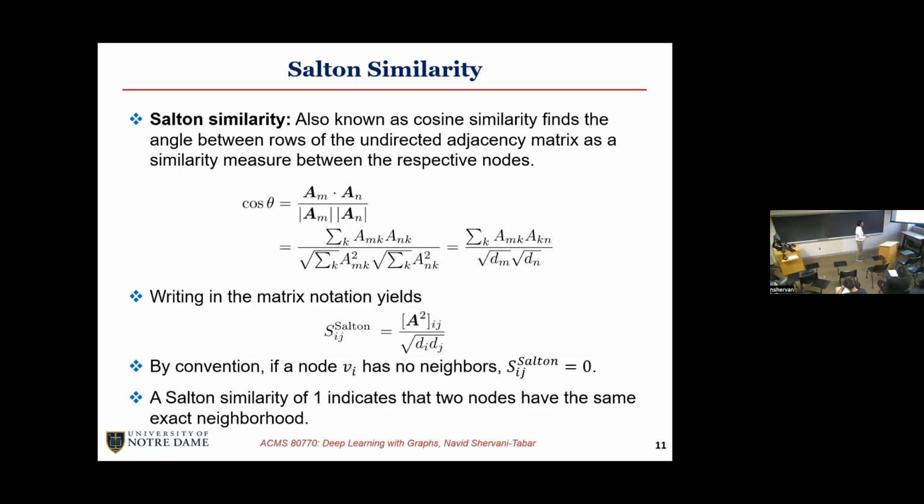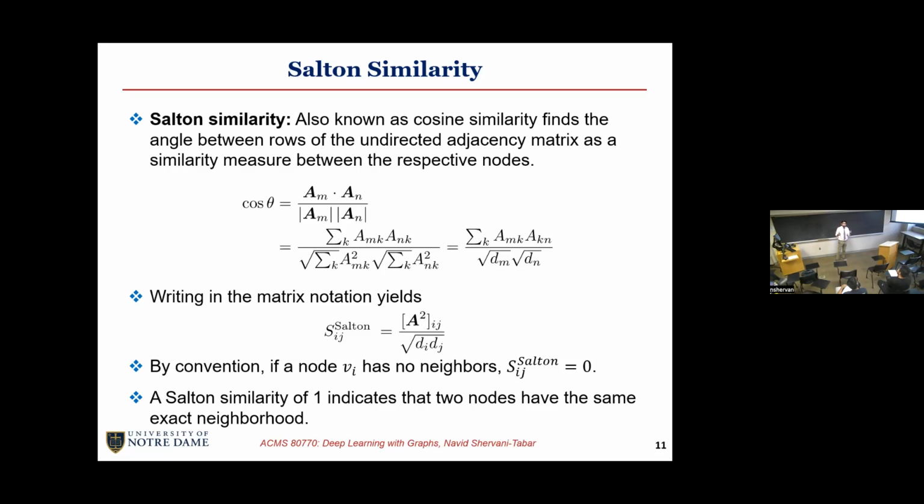The square of the adjacency matrix shows paths of length 2 between nodes i and j, as we discussed in the first session. That means that you move from node i to an intermediate node k, and then from node k to node j.